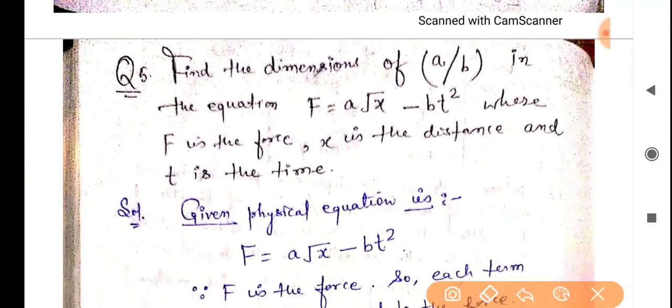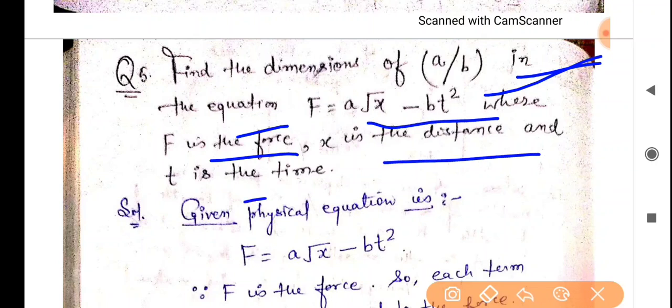Next question is, find the dimensions of A divided by B in the equation F equals A root X minus B T square, where F is force, X is distance and T is time.